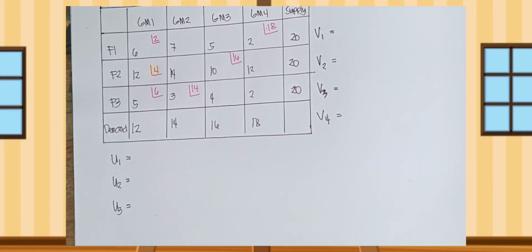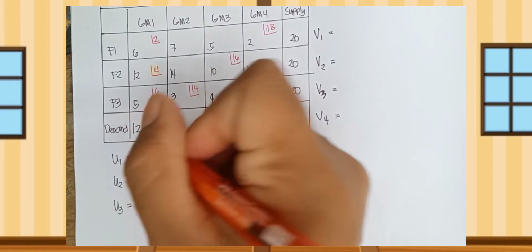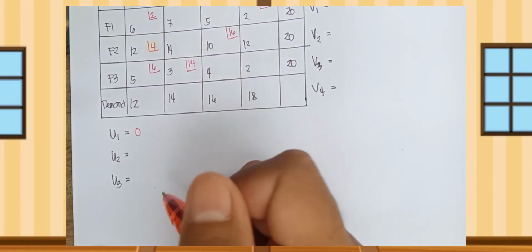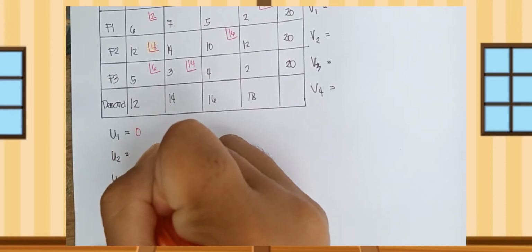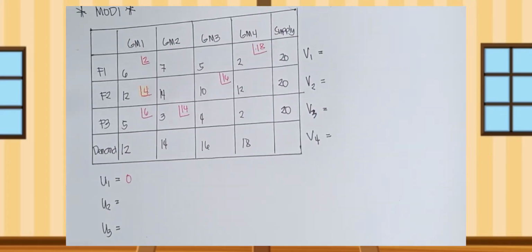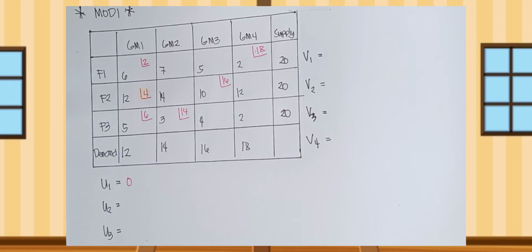So we let our U1 as 0. So we will solve first the used routes, or the numbers or cells that are occupied.